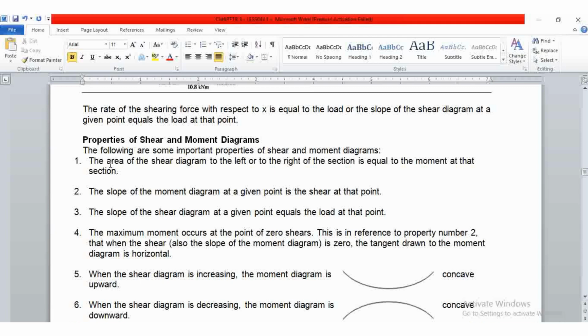This is in reference to property number 2, that when the shear is 0, the tangent drawn to the moment diagram is horizontal. Now, ang gusto ko lang i-point out is properties 1 to 4. Properties 5 to 6, madali na lang to.